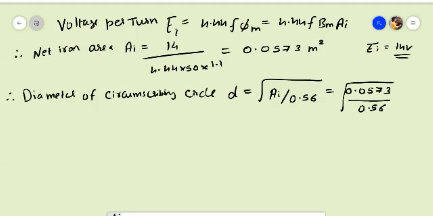Okay, so in this way we can find our d is equal to 0.32 meter, right? So we got the diameter of the circumscribing circle, right?